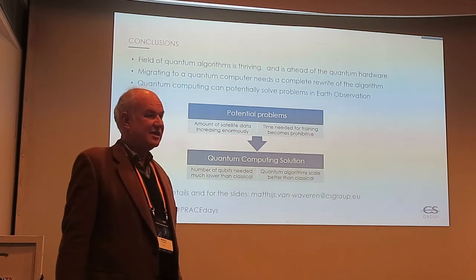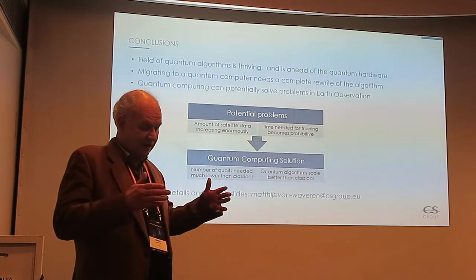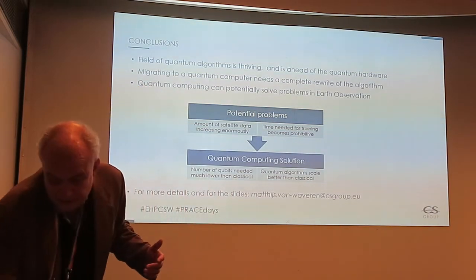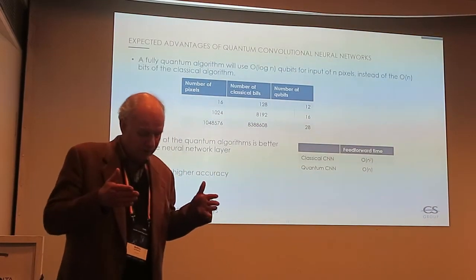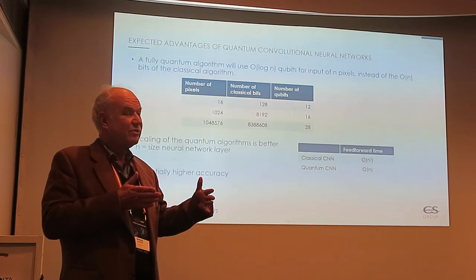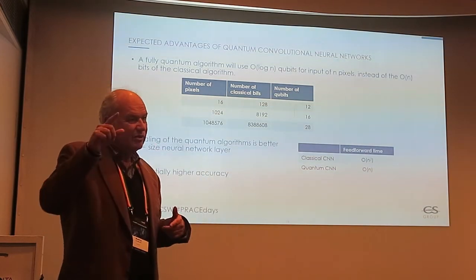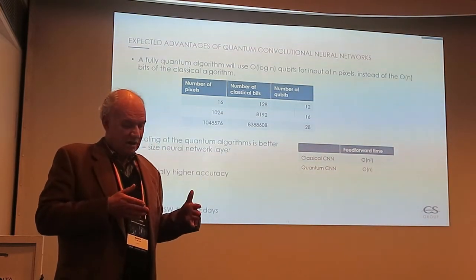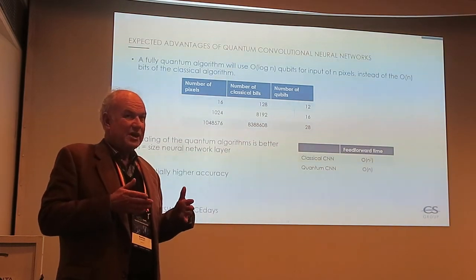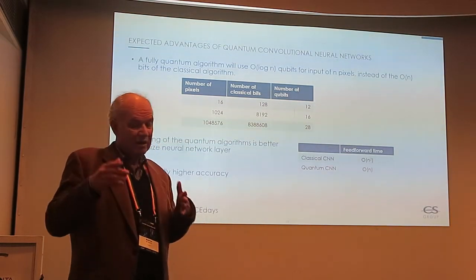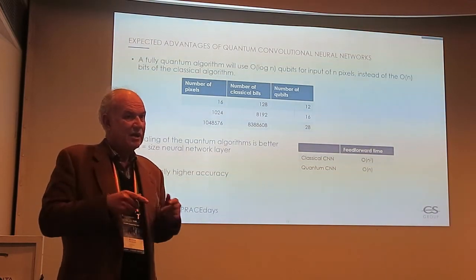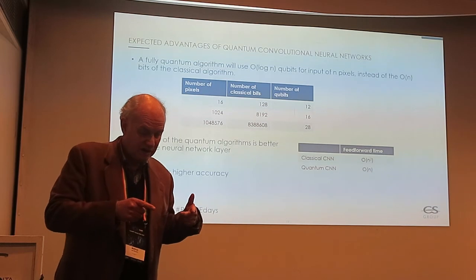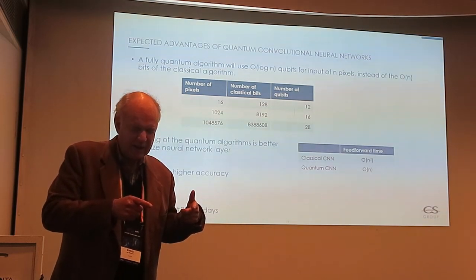One of the ways, looking at this table, is this: if you have, for instance, 16 pixels, 4 by 4, and each pixel has 8 bits, you keep 8 qubits for the value, and then you use 4 qubits for the index.